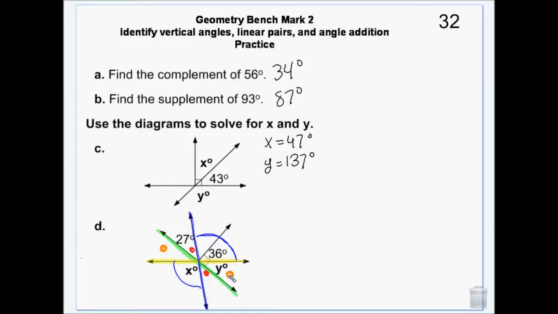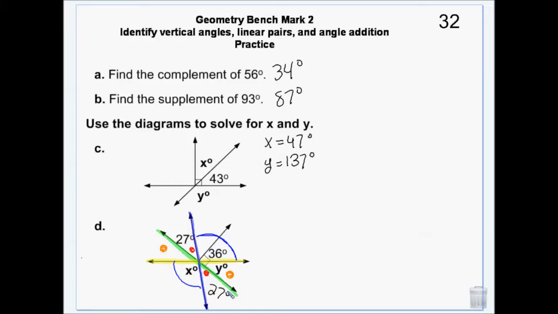Now, I can't find X yet because I know this is 36, but I have no idea what that is. This is 27. Not that I'm being asked for that, but I'm going to write it down because I know what it is, and that gives me one more piece of information.